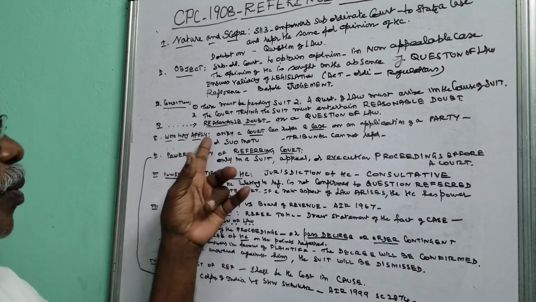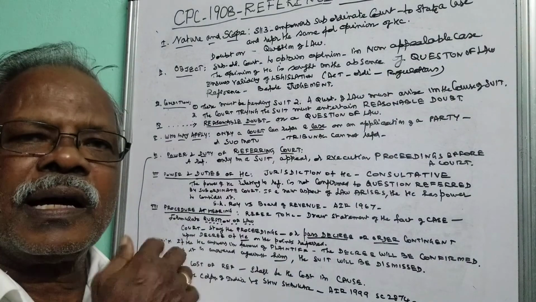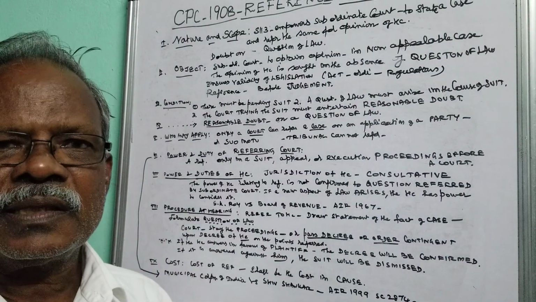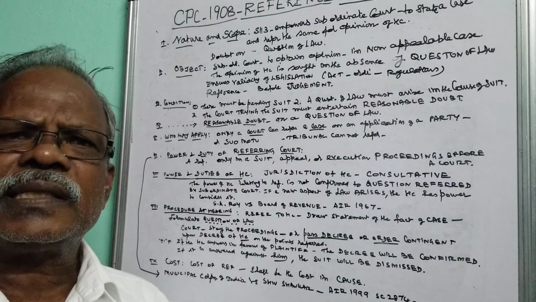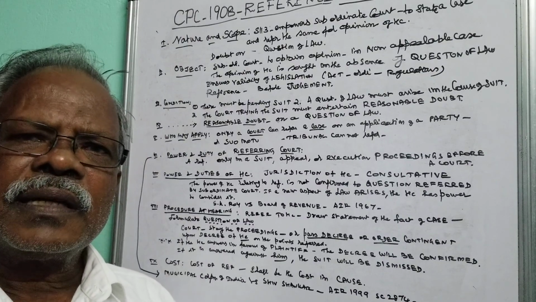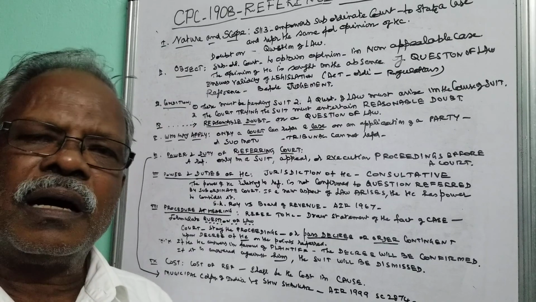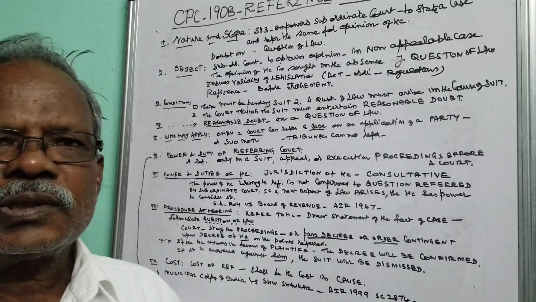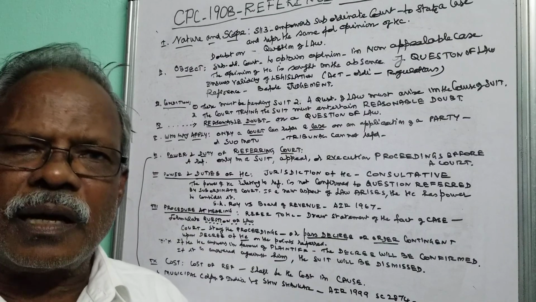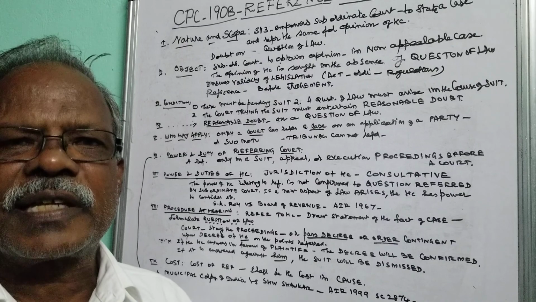Then who may apply? Next one is, who can apply for reference. Particularly the parties to the case, or the lower court may seek the opinion suo motu. Suo motu means on the court's own motion, as when the Supreme Court itself takes up the matter.